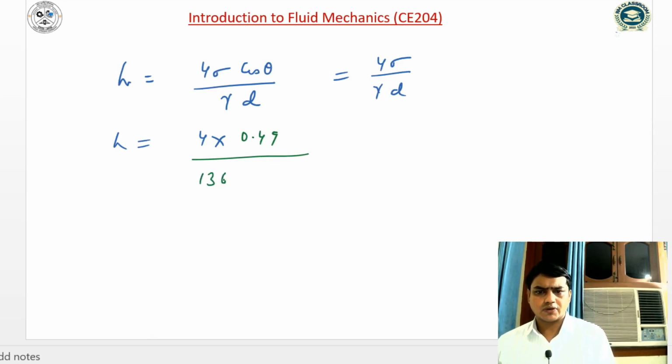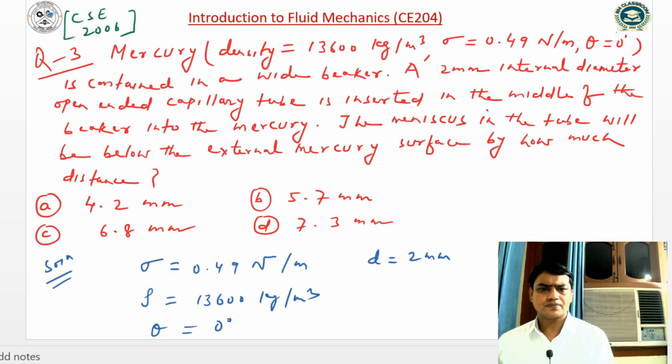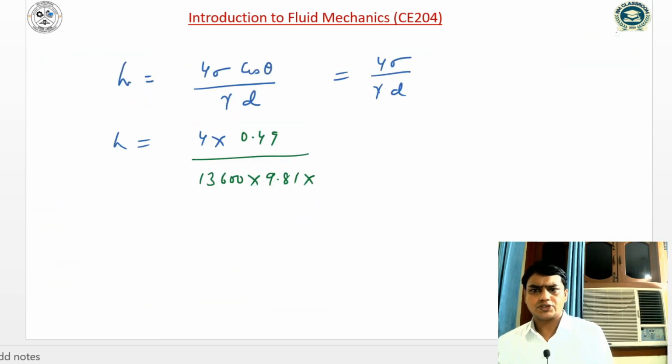So rho is 13600 into G, 9.81 into diameter. So diameter is 2 mm. So it is 2 into 10 to the power minus 3. So H can be written as 4 into 0.49 divided by 13600 into 9.81 into 2 into 10 to the power minus 3.